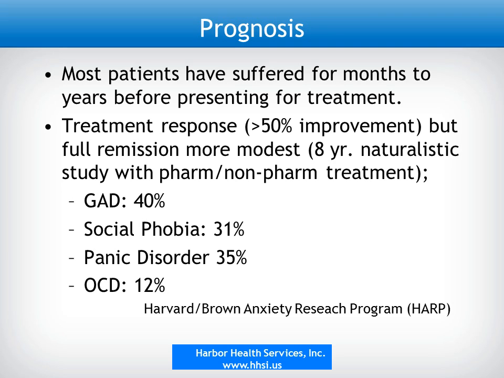An 8-year follow-up study of both pharmacological and non-pharmacological treatments revealed that only 40% of the population received full remission from general anxiety disorder, 31% for social phobia, 35% for panic disorder, and 12% for obsessive compulsive disorder. So this gives evidence that anxiety is a disorder that we want to manage. It may not fully remit.